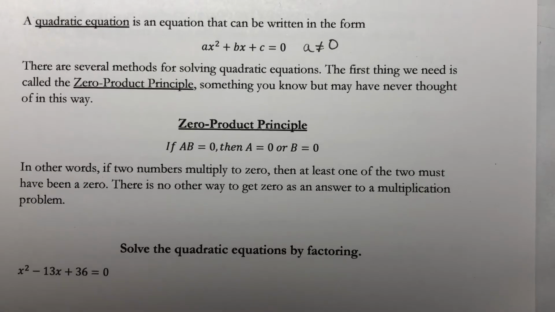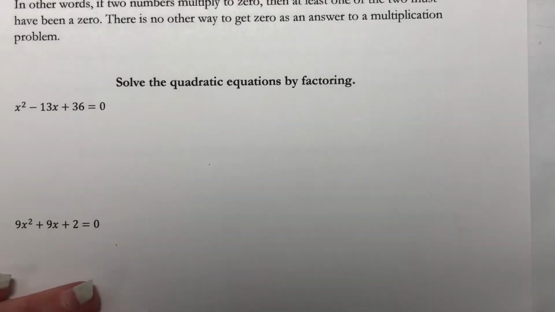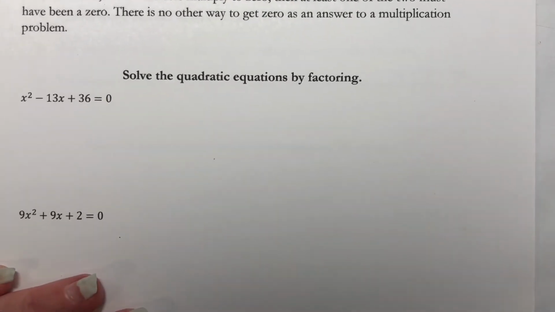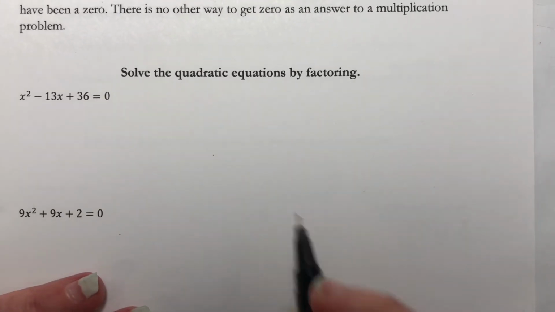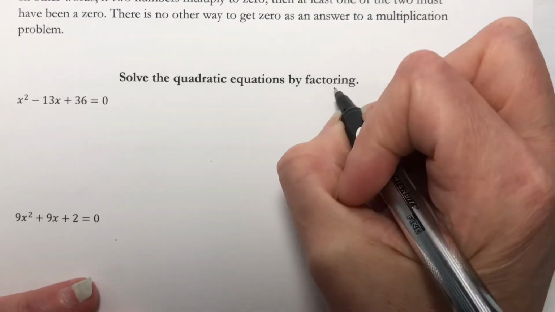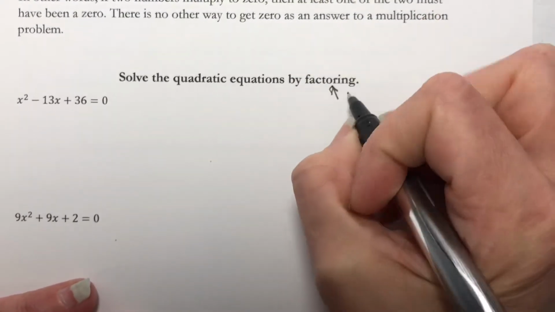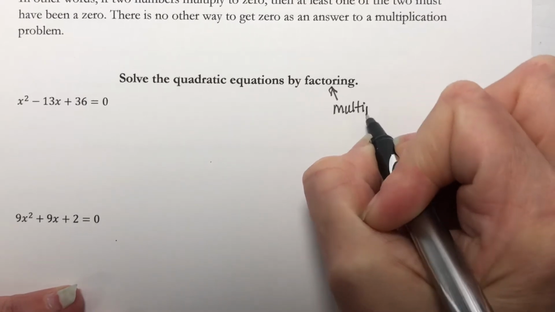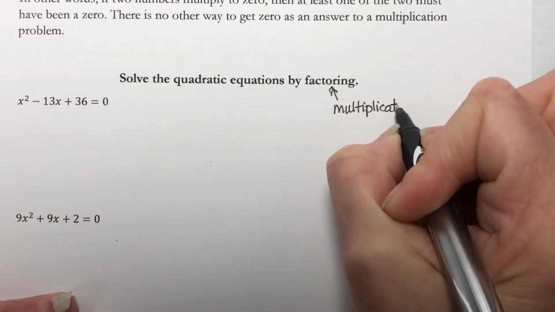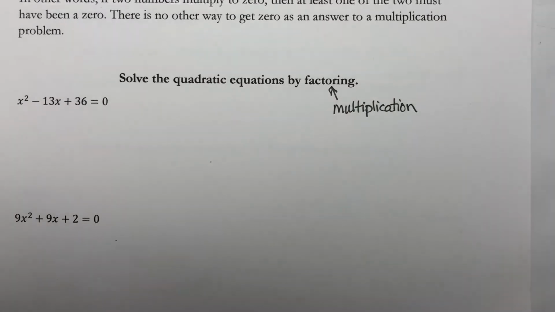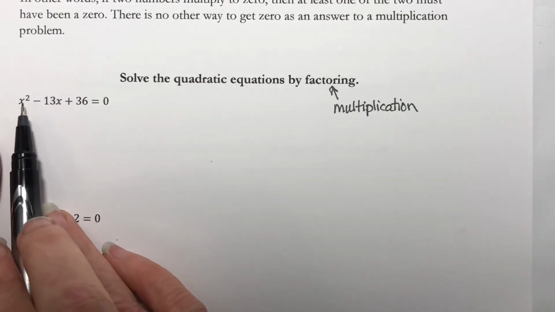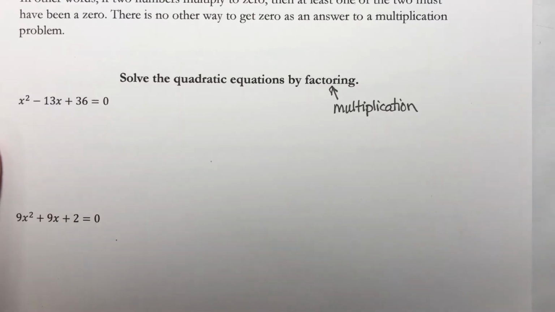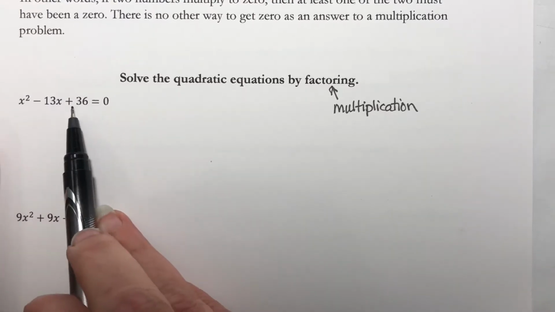So we need to solve these equations by factoring. When we're talking about factoring, that means we're going to rewrite things as a multiplication. Right here, we have what I consider overall a subtraction and addition problem.